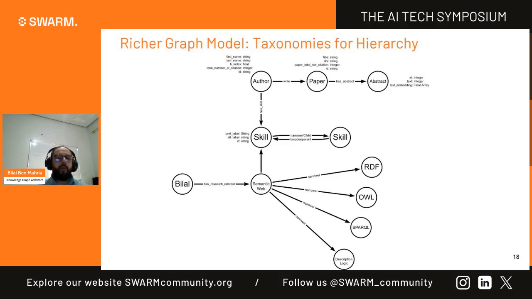This is why, in our academic scenario, and this is just a small part of a graph, we have decided to add a skill taxonomy. This skill taxonomy can be helpful. Why?